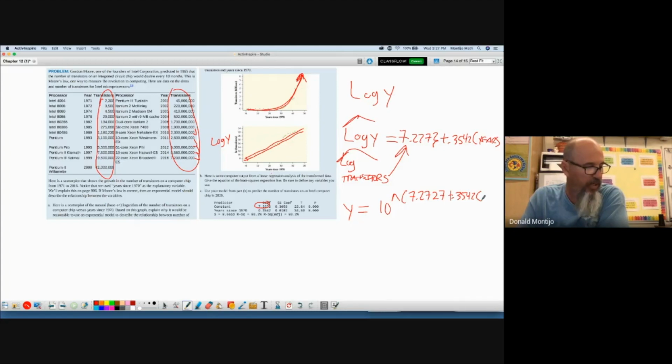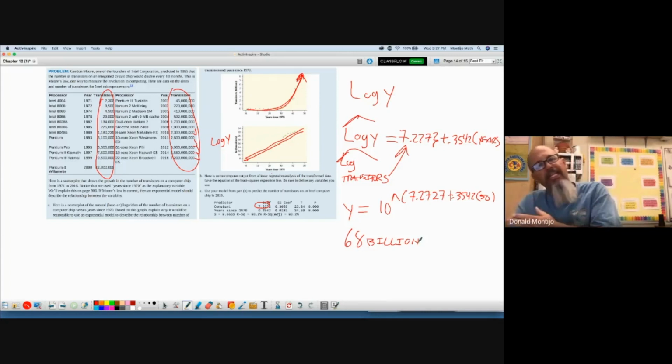In 2020, that's how many years since 1970? That's 50 years. So you plug that in and you'll get an answer of 68 billion. So what we're trying to do is take something that is clearly curved, transform it into linear, and then transform it back into a curve to help us make predictions.